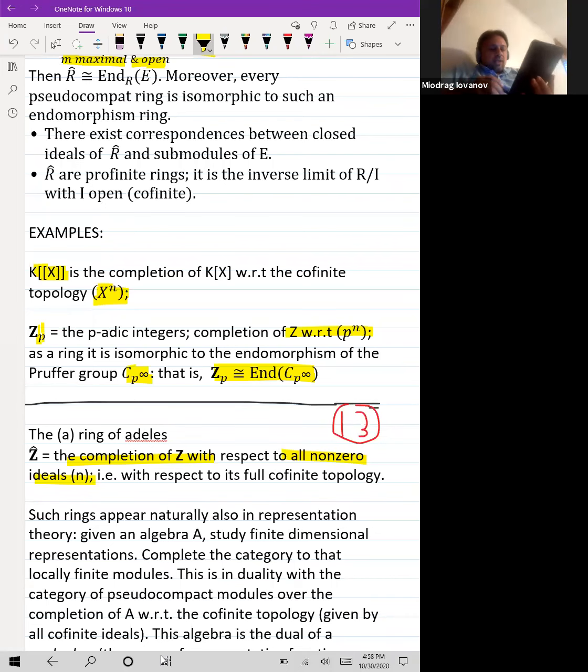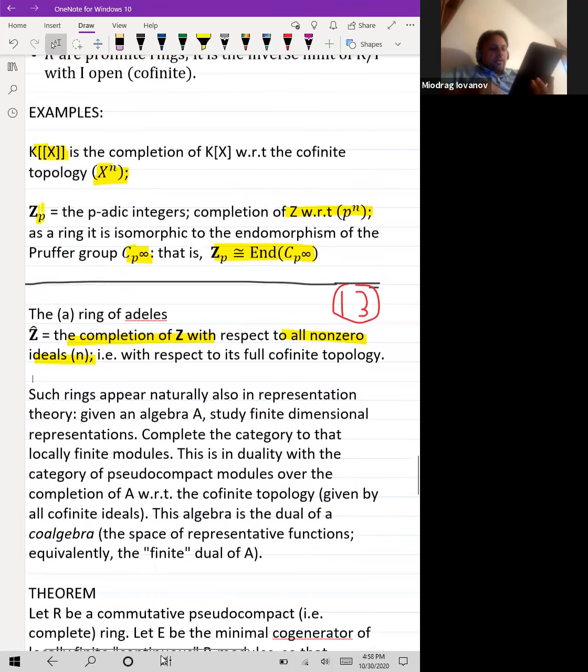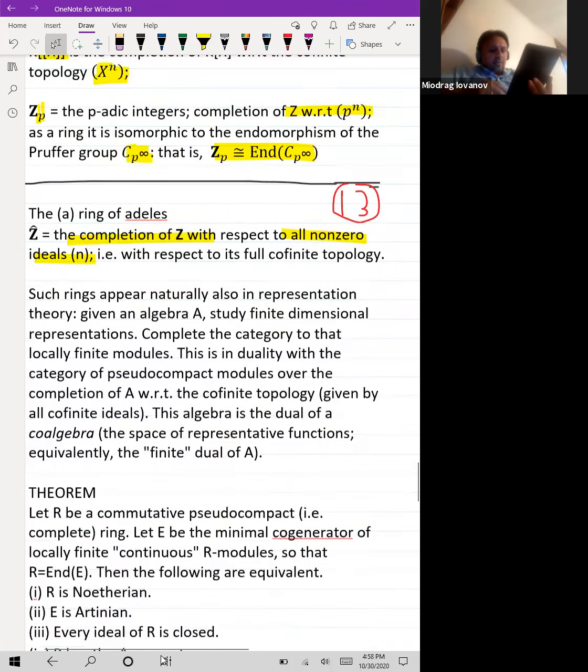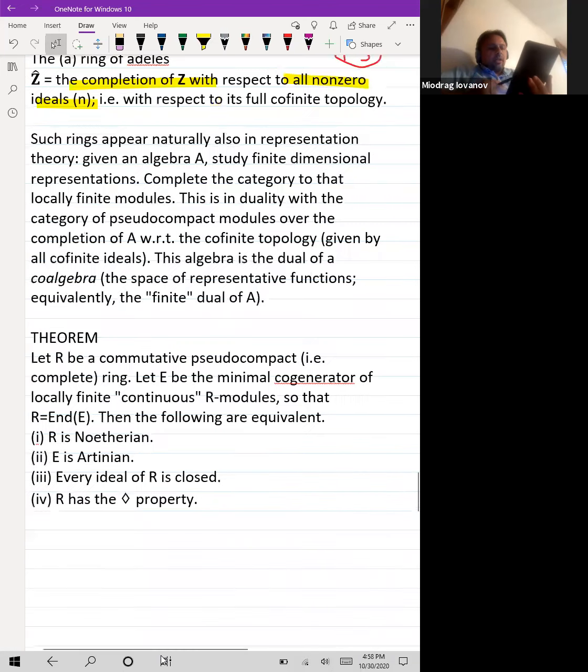So the completion of Z is exactly Ẑ, which is just the product of all the Z_p for p finite. So these are examples of such profinite rings or pseudo-compact rings. And as I said before, they also appear naturally in representation theory when you want to study finite dimensional representations.